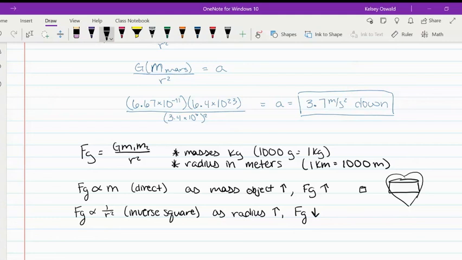And it goes down by a factor of r squared. And again, if we think about that cake scenario, the further that cake is, the less pull you're going to feel towards it. You're like, oh, it's so far away, I don't really need it. But the closer that cake is, if you put it in front of yourself, it's going to be pretty hard to turn down. So just like with cake, the closer something is, the more attracted you're going to be to it. They're just hard to turn away.